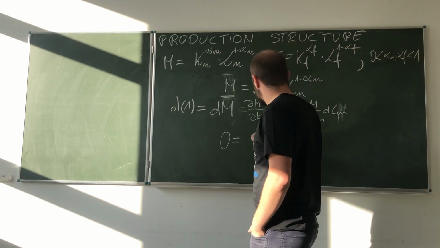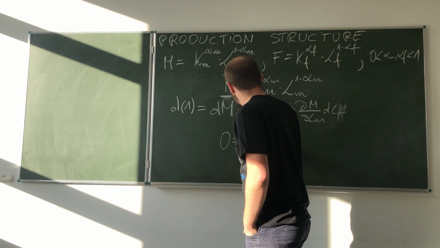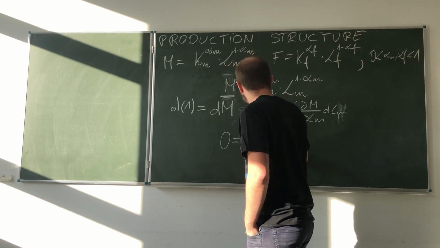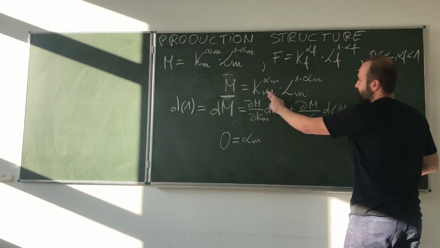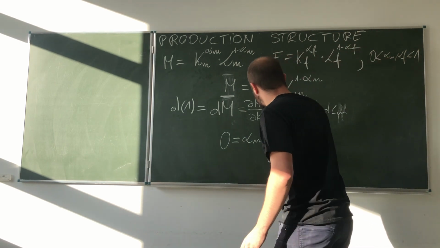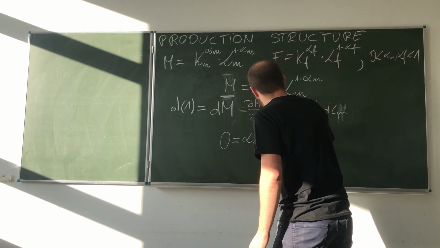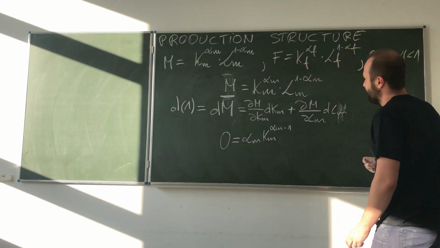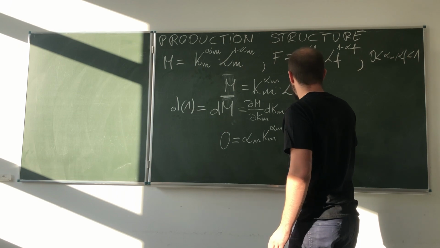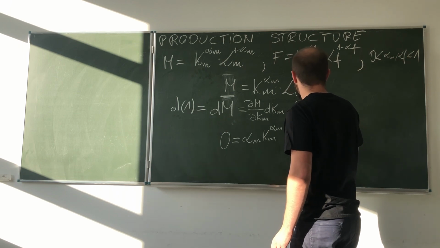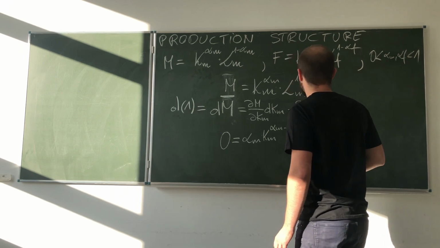So, out of this, I'm getting alpha m, right? I'm differentiating partially with respect to km. Km to the power alpha m minus 1 times this expression, which stays the same, Lm to the power 1 minus alpha m.